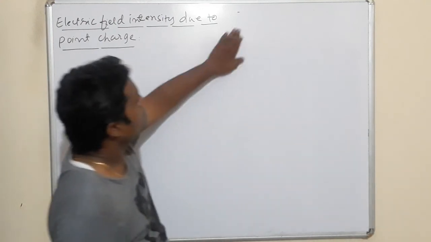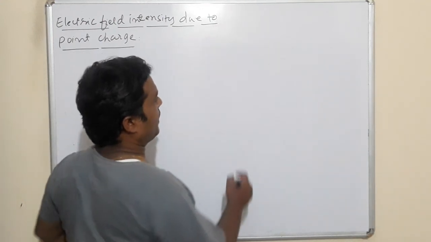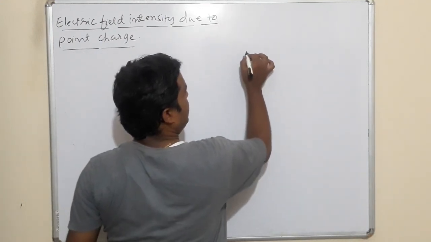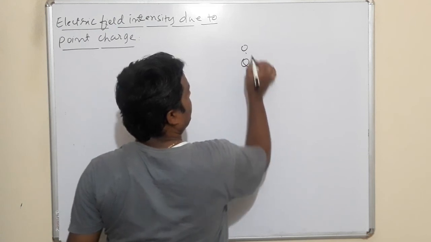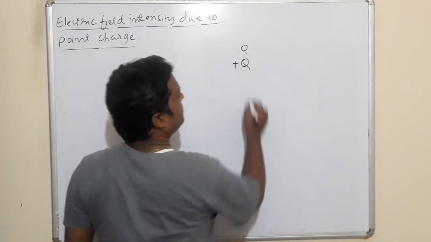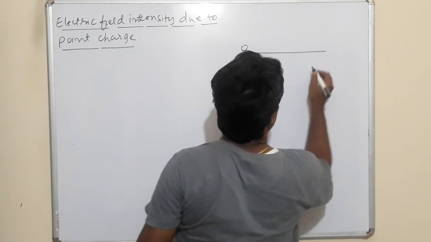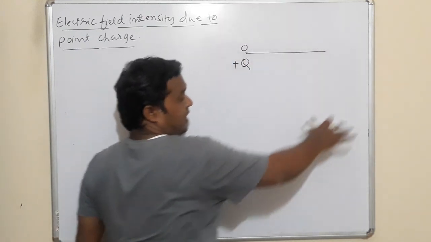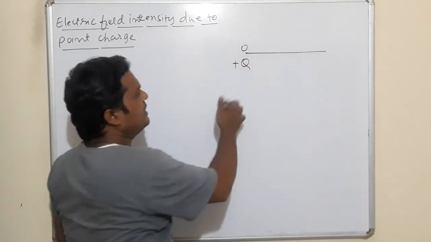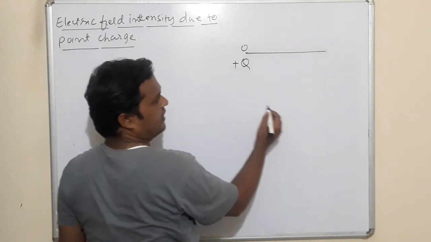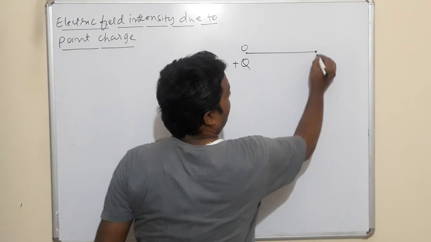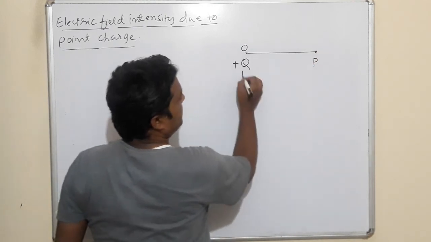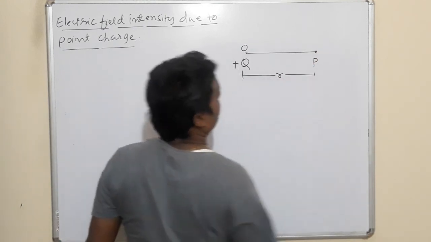See, I will take a point charge plus at a particular point O in this space. No doubt this charge is going to make an electric field around it at every point. But I want to find the electric field at this point, which is at a distance r from the given charge.